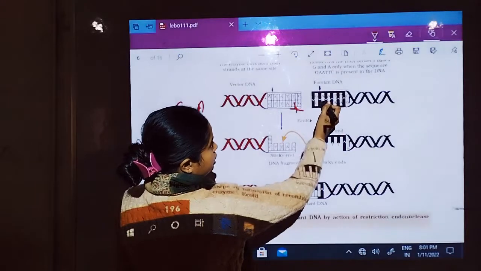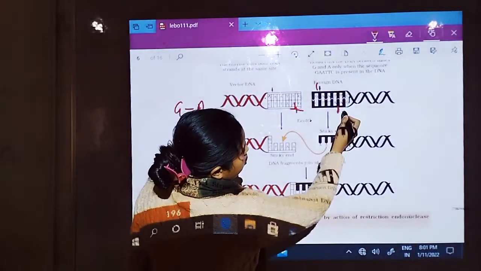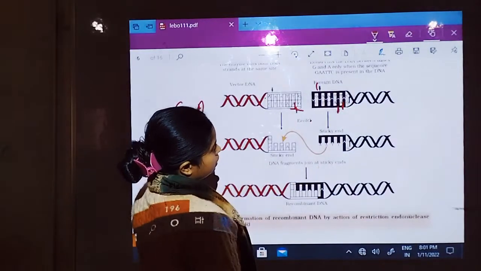That means here is G and A, so the cutting is at this region, and G and A is present here, so cutting at this region.